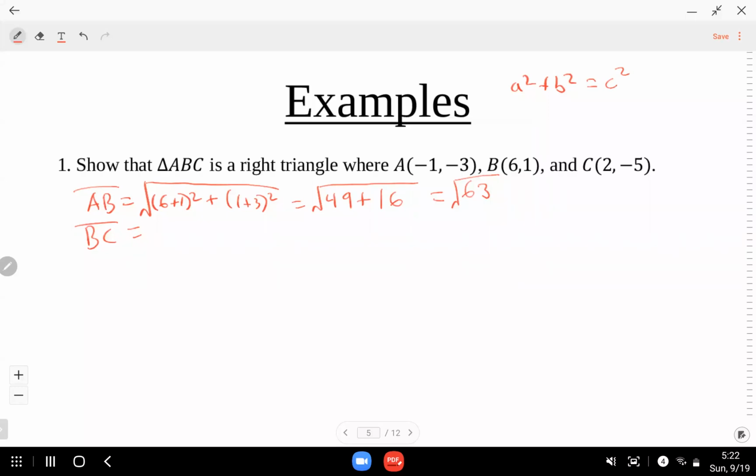Hold on, I made errors. 65 right here, 65, right? Okay, square root of 65.